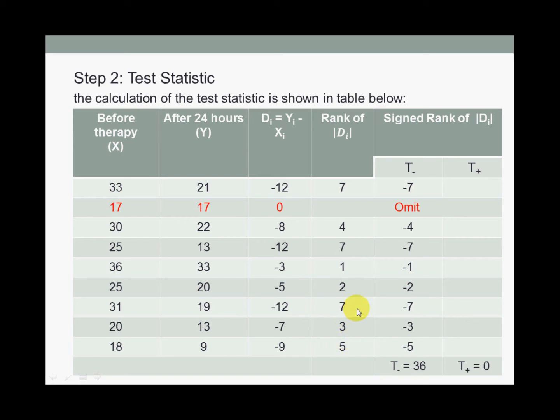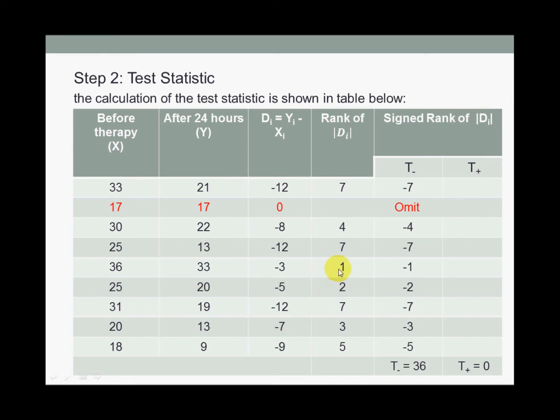Then for the last column, we need to find the signed rank of absolute di. For every rank of absolute di, we follow the sign from the difference di.